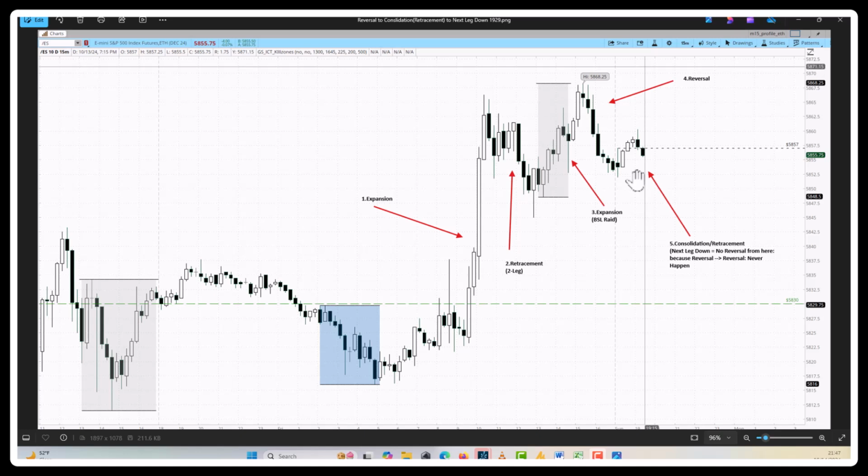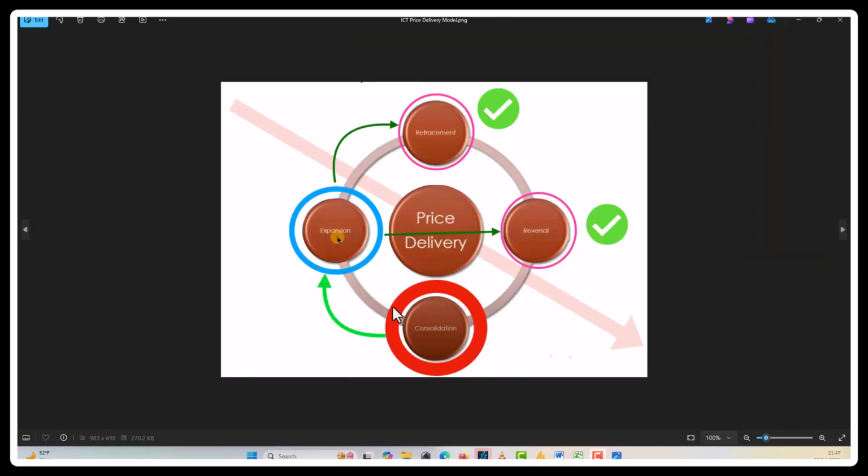So that is the ICT price delivery model that we try to learn and implement in our trading.